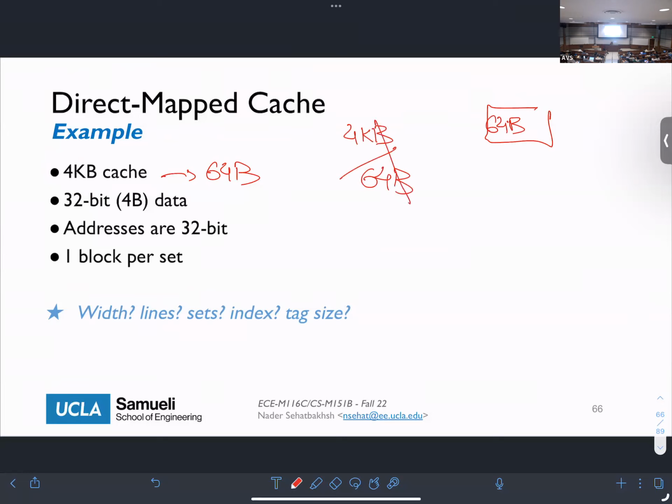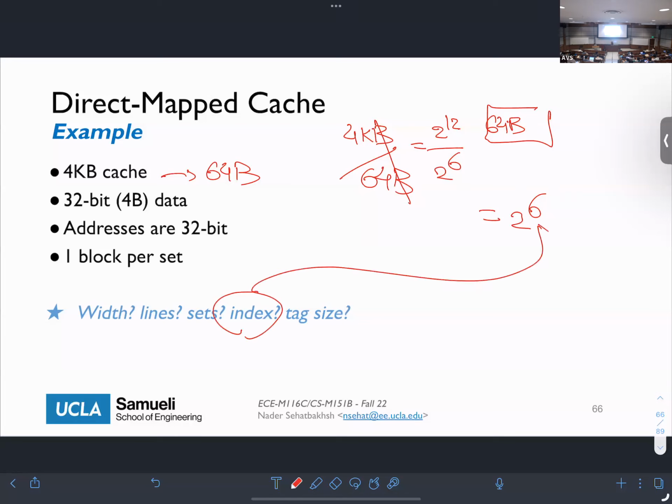What I would get is 2 to the power of 12 divided by 2 to the power of 6, so I get 2 to the power of 6 entries. Remember, the thing that changed now is that each line, each block, is 64 bytes and not 1 byte. That's why the number of entries shrinks from 2 to the power of 12 to 2 to the power of 6. So now my index bits is basically 6. I need only 6 bits for my index.